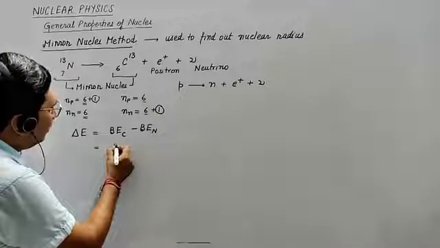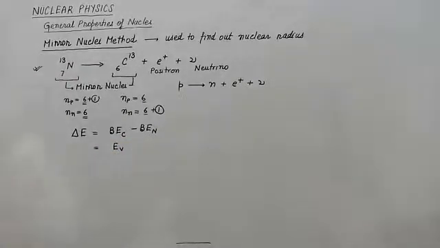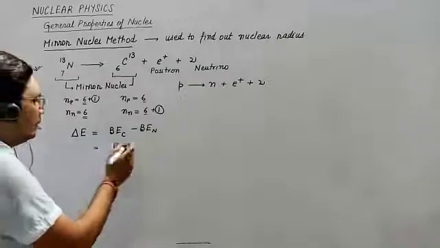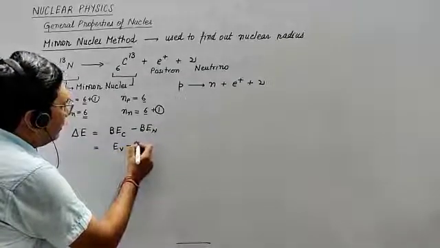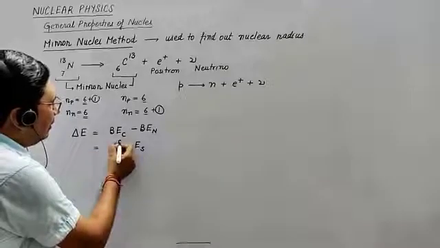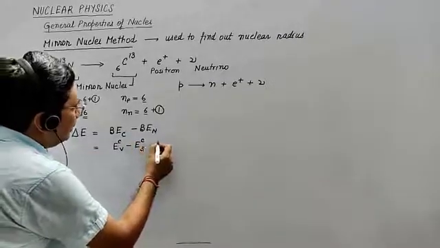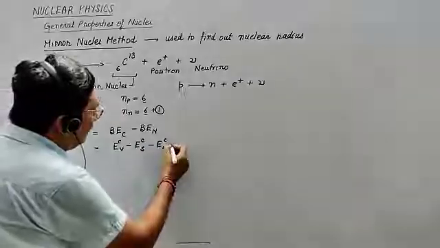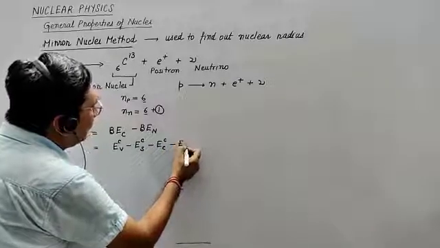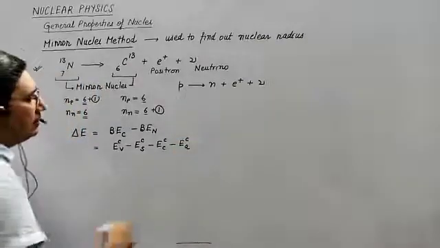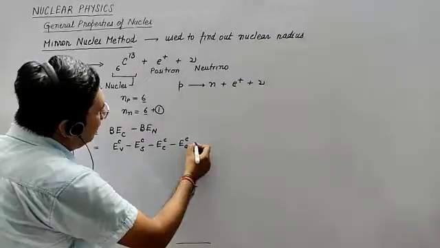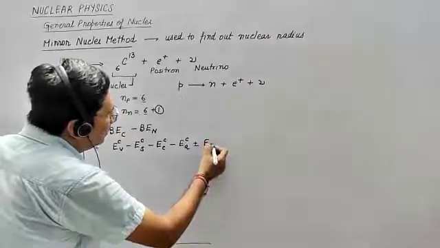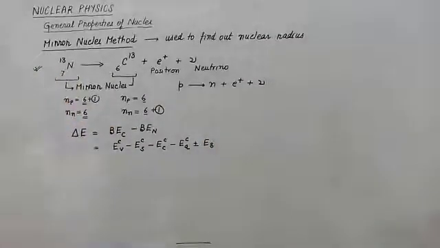First is known as volume energy, EV, minus the next term, surface energy, minus the Coulomb energy, third, minus the asymmetric energy, and then plus or minus the pairing energy.